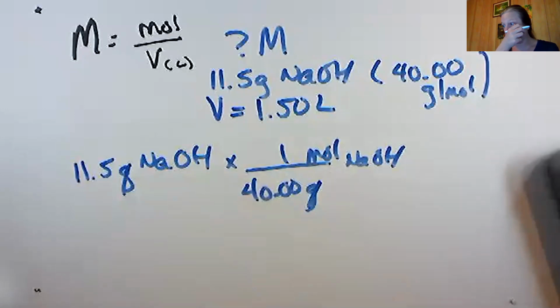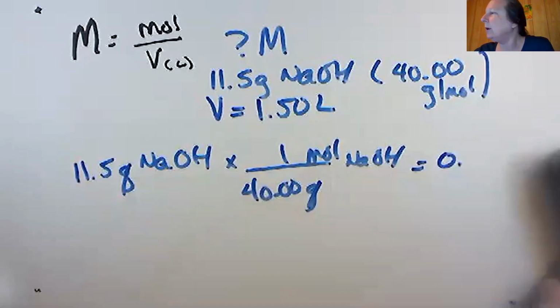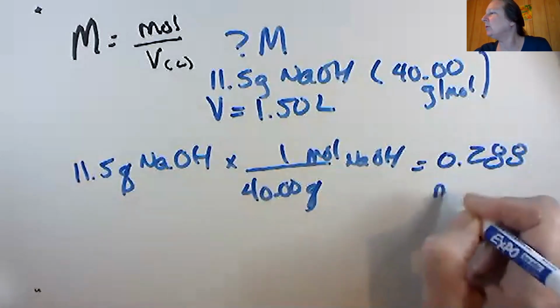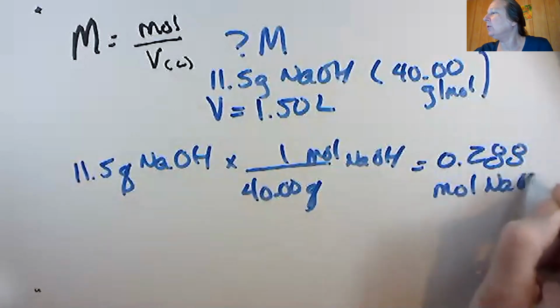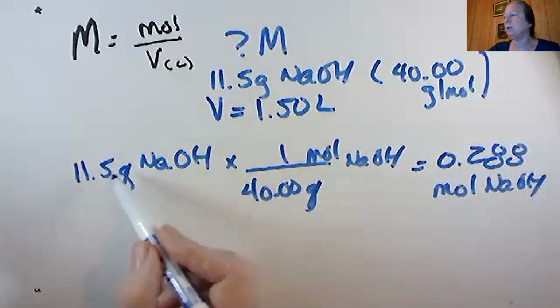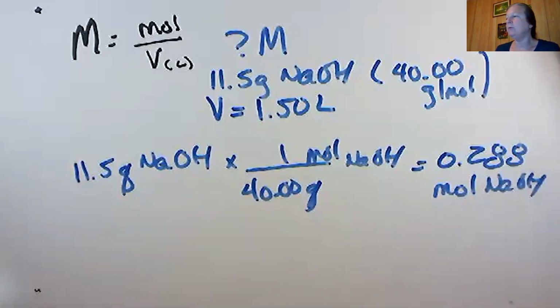That gives me moles. And so I do the math, and I end up with 0.288 moles of sodium hydroxide. Now this is 3 sig figs, this is 4. So we're going to go with 3. You can continue with extra digits if you want, because you're not going to fully round until the end. That's a personal choice. I'm taking it from the slide, so they went to 0.288.